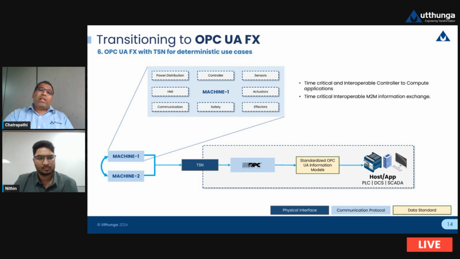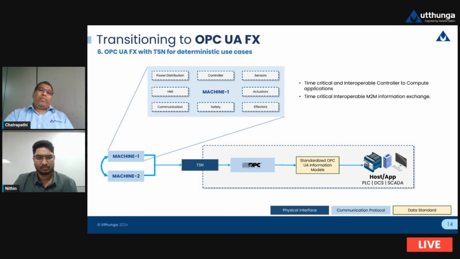That's when even the controller to device and device to compute scenarios can be operating on OPC FX based communications.